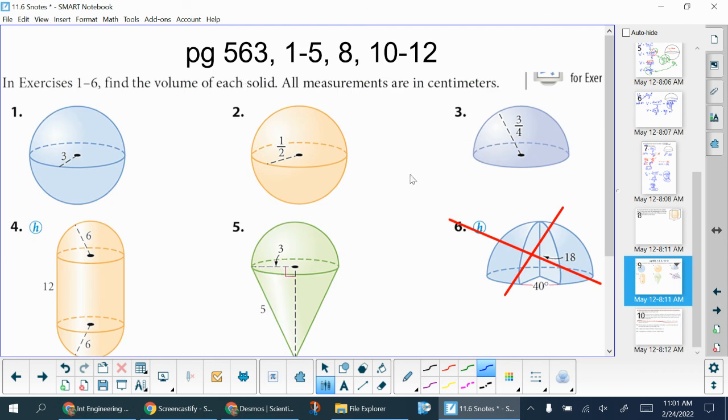The one that I did want to go through was just something like number 2 with a fraction in it. That is a good example of where we might want to use that original 4/3 times pi r cubed. And I'll show you why here. So if I'm going to do this one, volume equals 4/3 times pi times a half cubed.